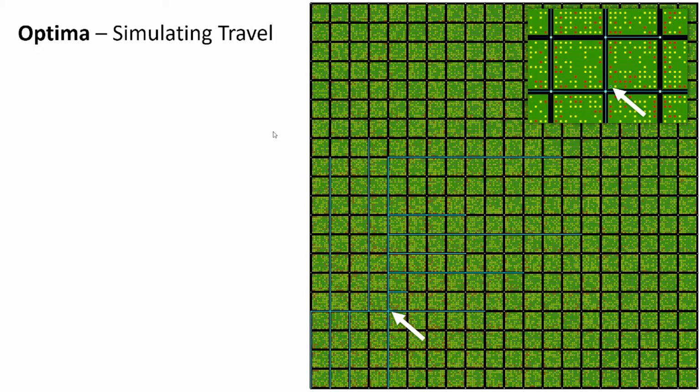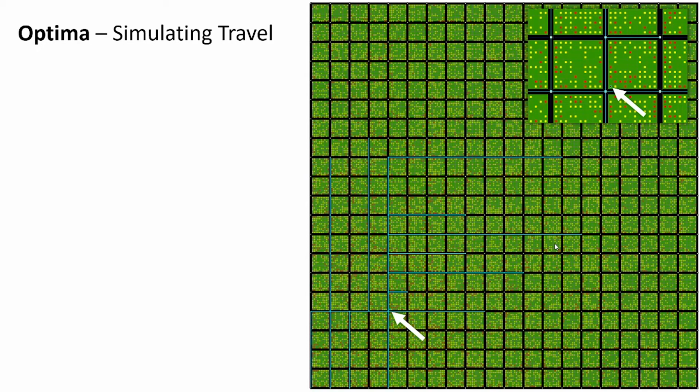And here's an example. I've zoomed into one of the commercial buildings in Optima, selected it, and said, give me the commute footprint. And the cyan lines here show every road segment that's taken by the people who work in that building. How do we know that?